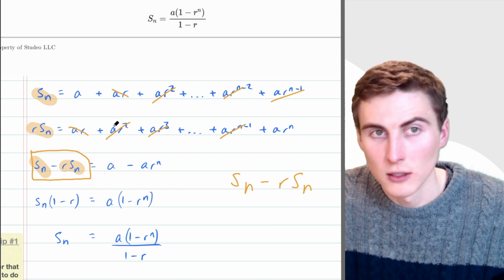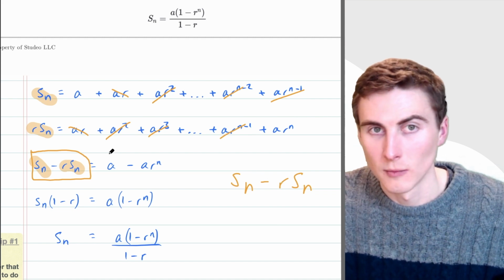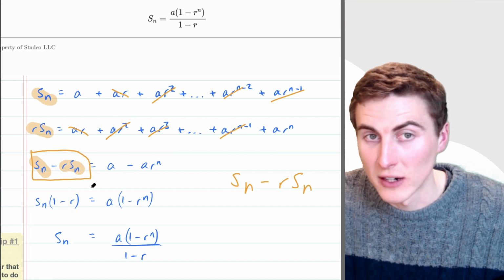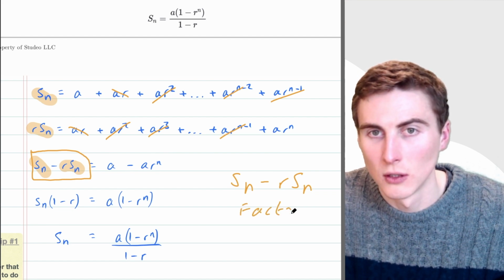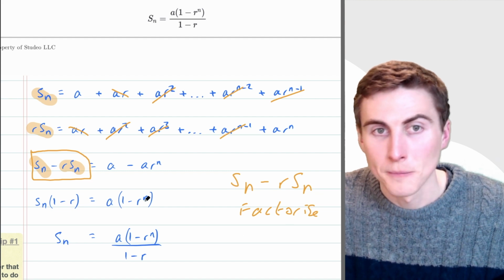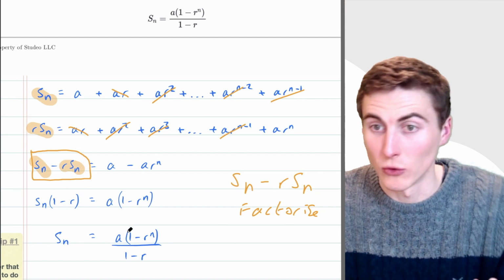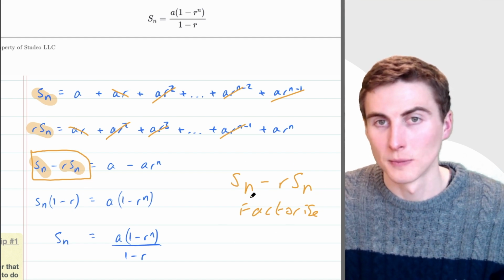You know you need rSn, so you start writing out all this row. And then you do the subtraction, and you'll end up with just this. And then you just remember to factorize. And that's going to give you this, which is then quite easy to turn into this, the actual thing that you want. So this here is the main thing you'll remember, and that's kind of it.